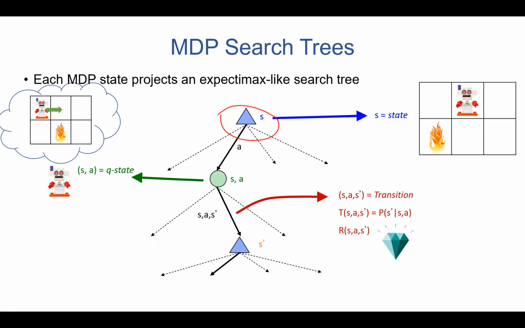So we had the chance nodes, the probability nodes. We had the value associated with each chance node along with the probability, a weighted average.